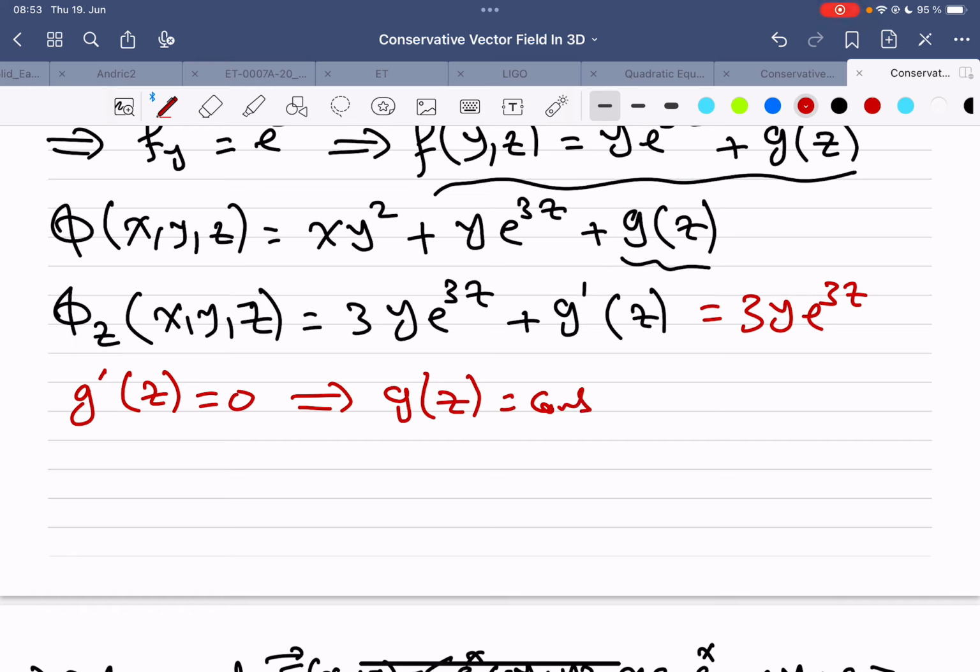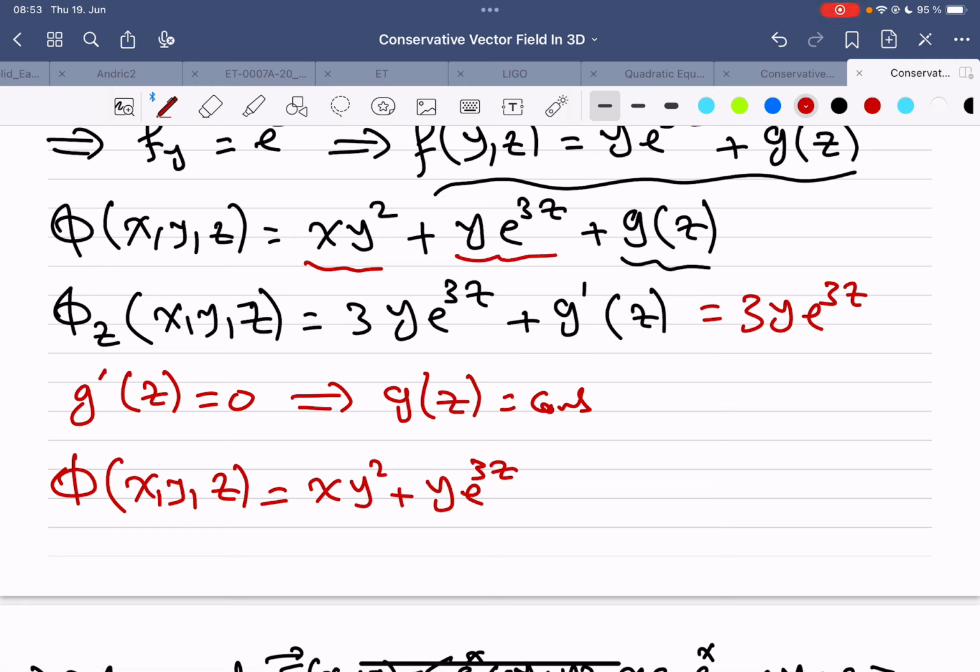So from here phi(x, y, z) equals x y squared plus y e to the power 3z plus g(z), which is a constant. You can put this constant as 0 or leave it like this.